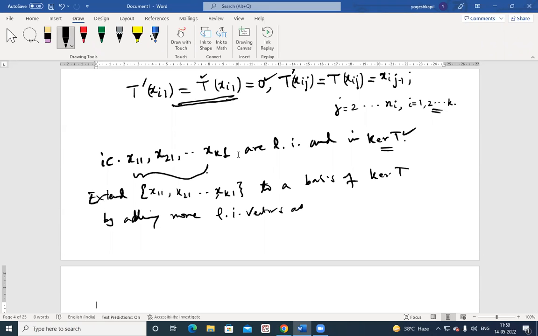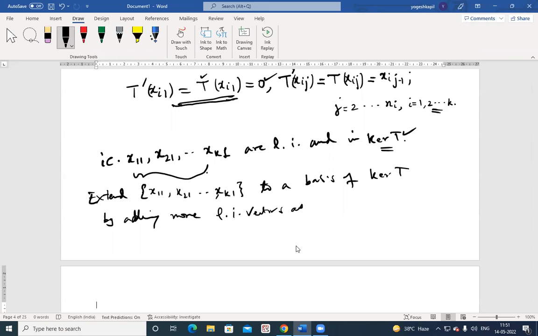Since they are part of the image of T dash and are linearly independent, I can take a subpart of that which consists of x11, x21, xk1. These are linearly independent, but in kernel T because of this reason. I can extend this to a basis of kernel of T by adding some more vectors.